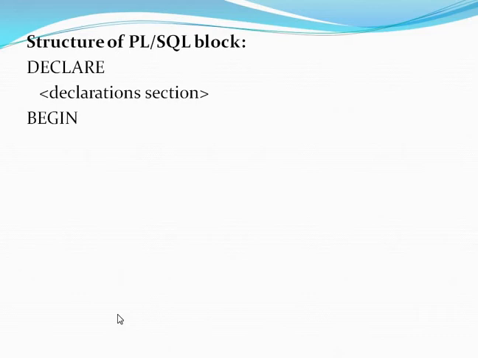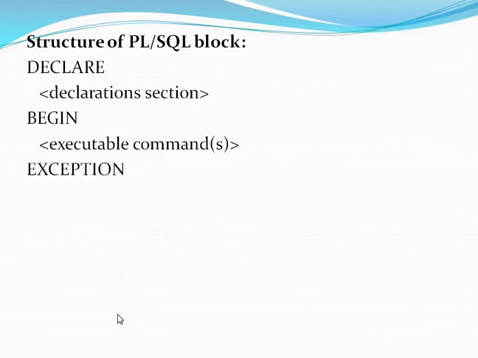The begin section denotes that we begin to write the actual code of a program. So here we will be writing executable commands. The exception section contains exception handling methods, and then the end of the PL/SQL block.